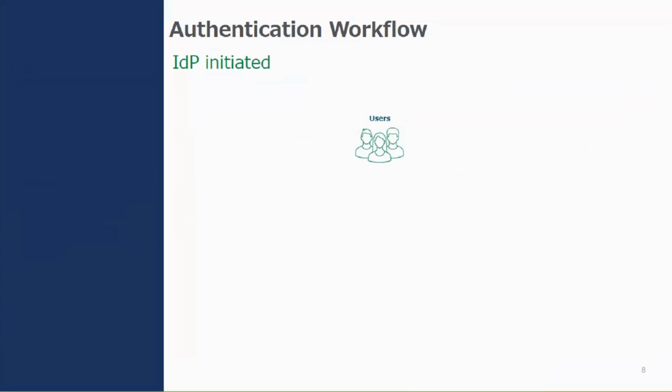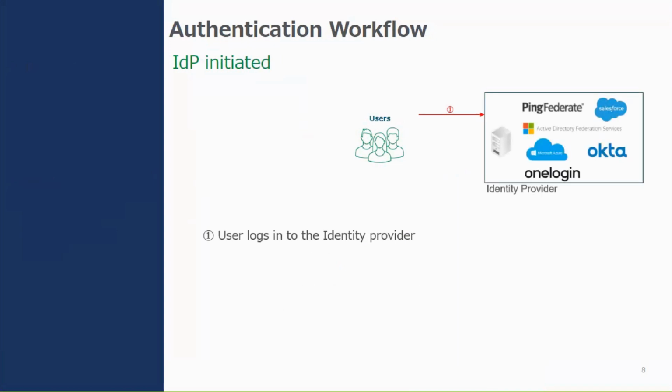So the second type of authentication workflow is the identity provider initiated authentication. In this case, the user will go directly to the identity provider to authenticate. Then once they authenticate on the identity provider page, they will see a list of applications that they have access to. Among those, they will see the Qlik Sense application.